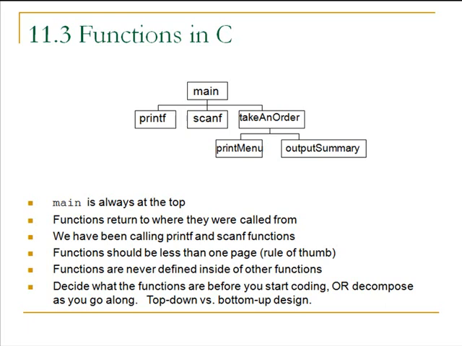So as you're deciding how to design your system in C language, you might start by drawing one of these hierarchy charts, and when you go to implement this, some people would prefer to implement from the top down, and some people prefer to implement from the bottom up, which means you would actually work on the functions that are at the bottom of the hierarchy chart, the most detailed ones.